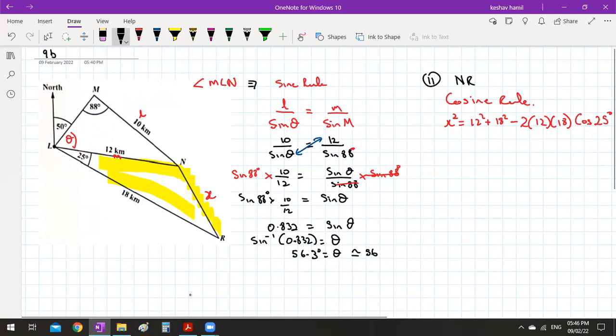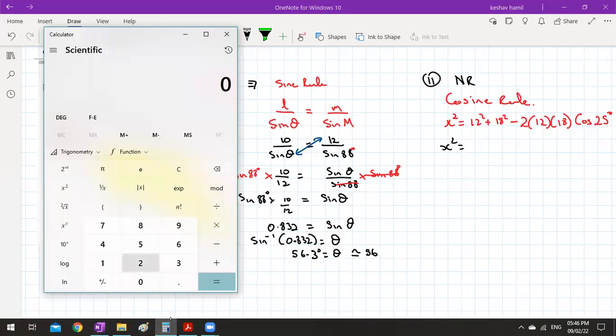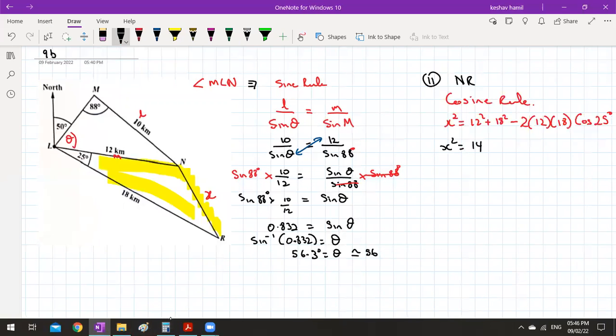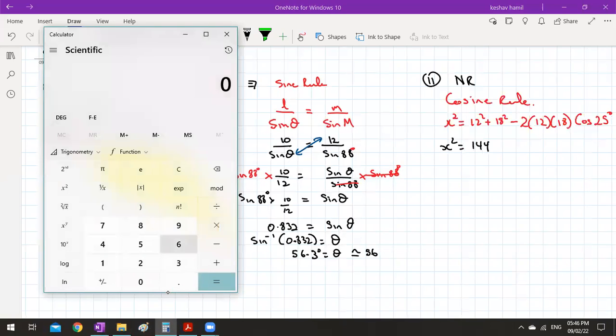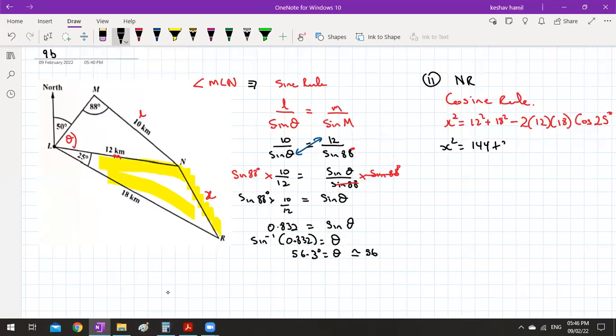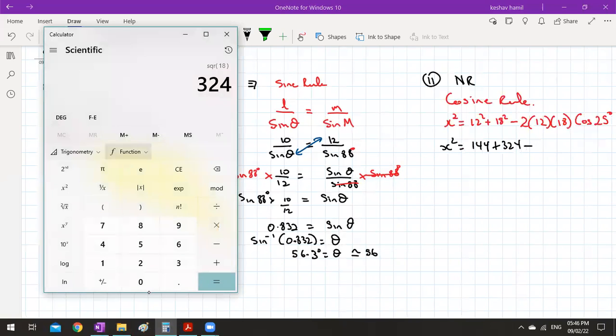So we have x squared is equal to, and we can work this out in the calculator in one step if you want, but I like to show you working. So we know 12 squared is 144, 18 squared is 324, and then minus. So I will do the cosine section first.